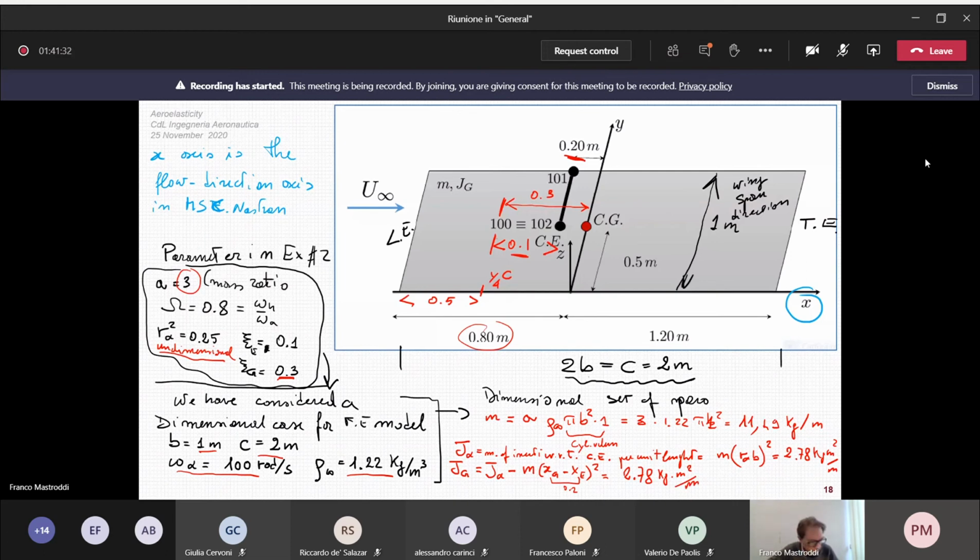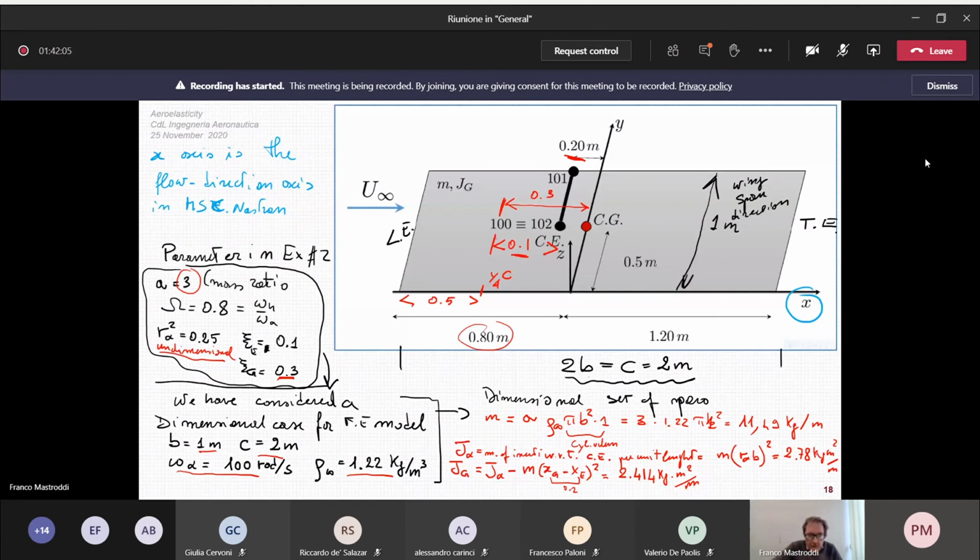Excuse me, this is the moment of inertia with respect to the elastic center: 2.414. This value is lower than the 2.78, of course, as one can expect.